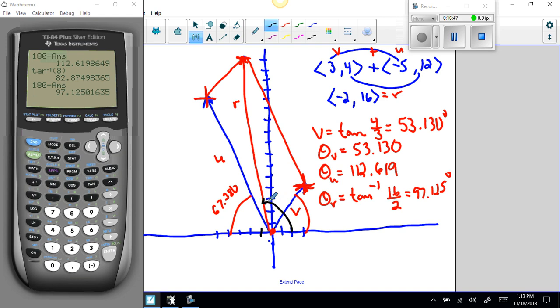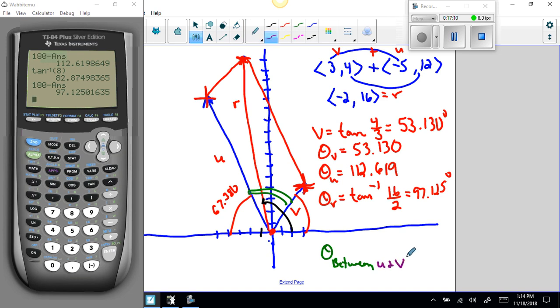Now, the one I'm very interested in is this angle right here, theta between u and v.